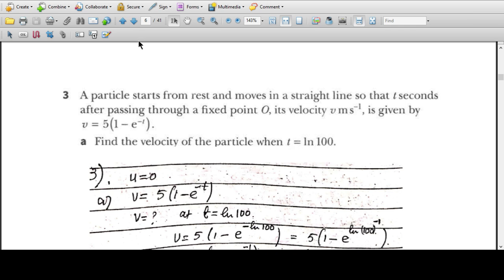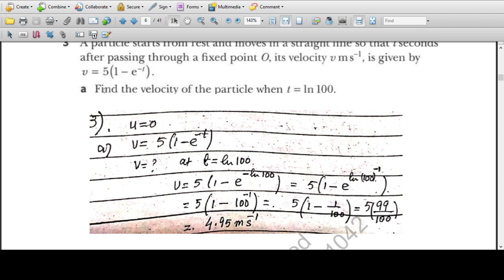So initially the particle starts from rest, at velocity 0, and moves in a straight line. The velocity is given as 5(1 − e^(−t)). So this is the velocity equation.